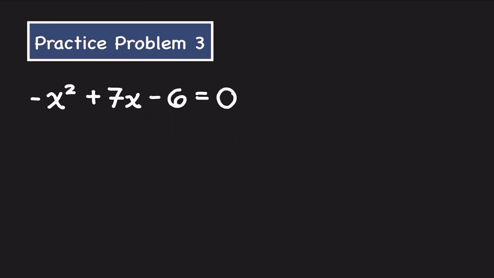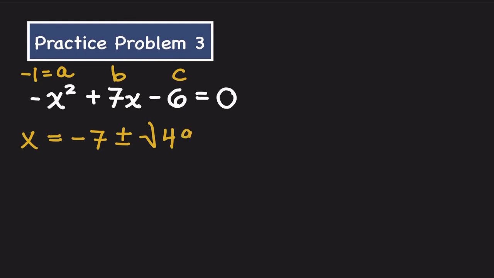All right, one last practice problem here. Go ahead again, pause if you'd like to attempt it on your own. Here our a is negative 1. Our b is 7, and our c is negative 6. So we're going to have x equals the opposite of 7, so that would be negative 7, plus or minus the square root of 49, that'll be 7 squared, minus 4.